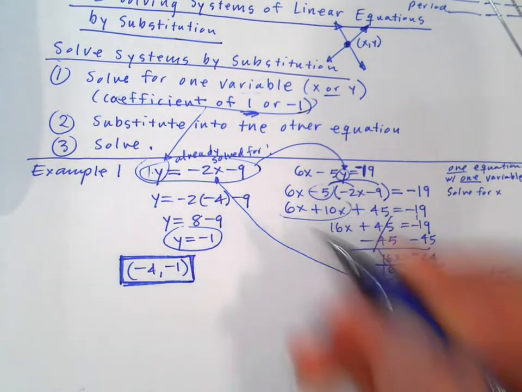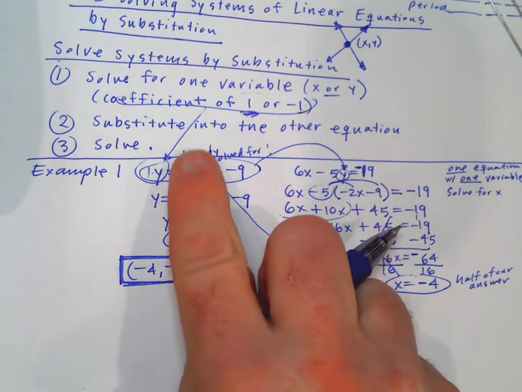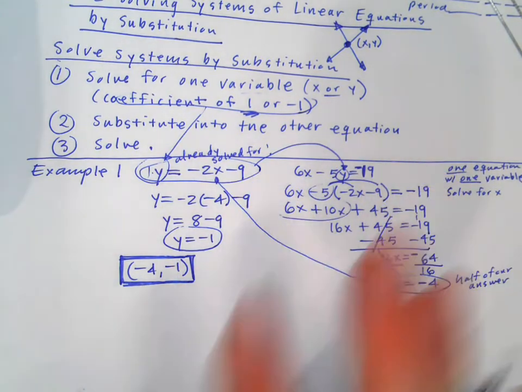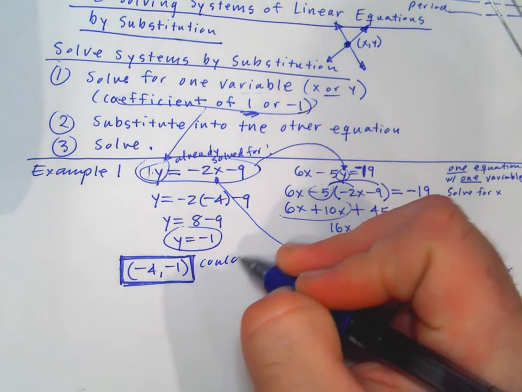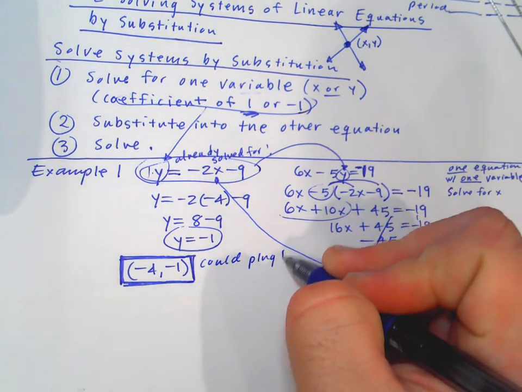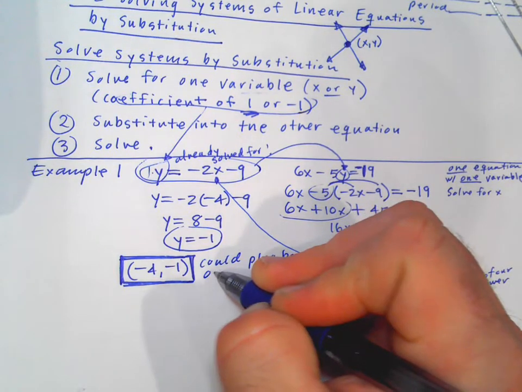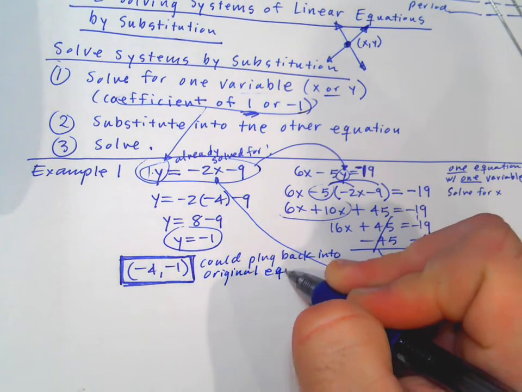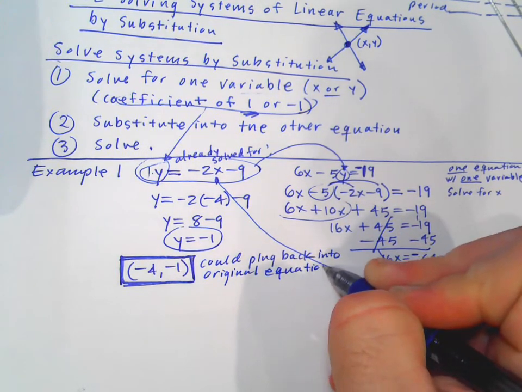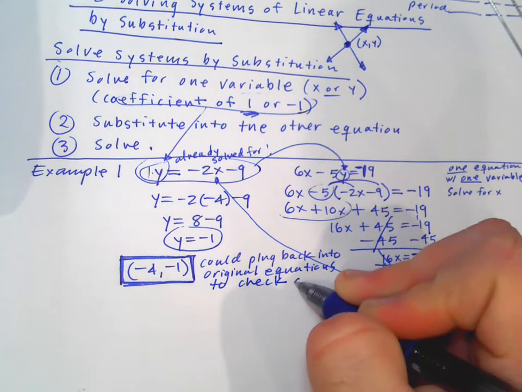Now we could, like we did before, check our answer by plugging it back into the original equations, both of them, and seeing if it made it true. So we could plug back into original equations to check our answer.